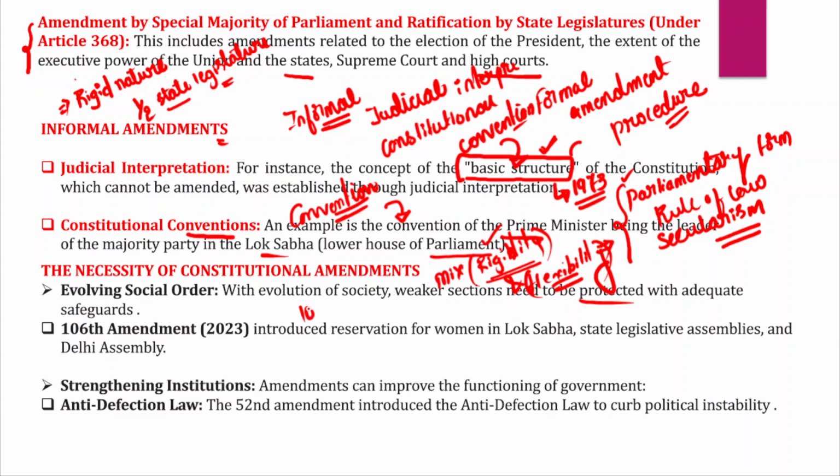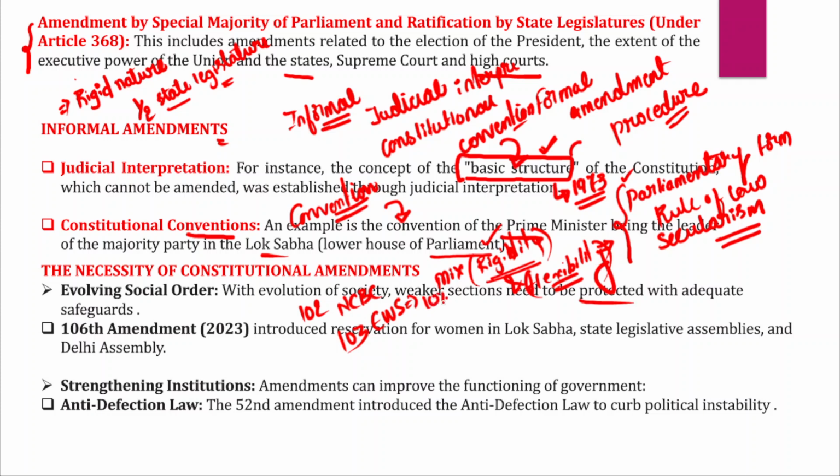For example, the 102nd Constitutional Amendment Act provided constitutional status to the National Commission for Backward Classes. The 103rd Constitutional Amendment provided 10% reservation for the economically weaker sections.